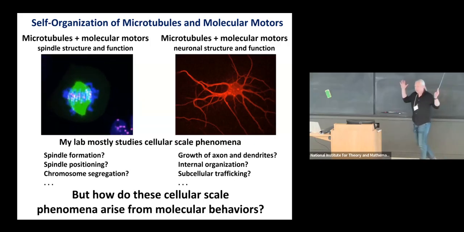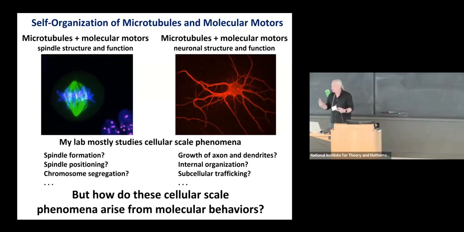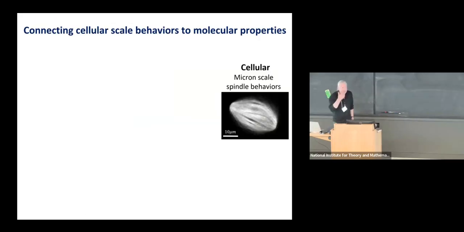Not just formulating things at the cellular scale, but how does it arise from the actual molecules that make things? One way we and other people try to get at that is to do measurements at the cellular scale and perturb specific molecules and see what happens, but that's still really focusing at the cellular scale.